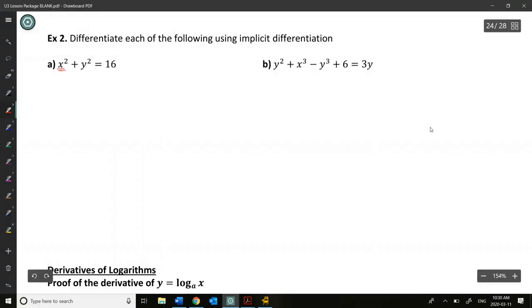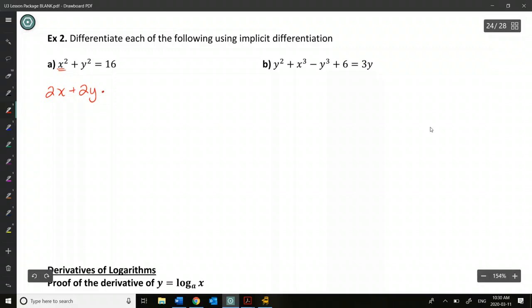So I'm going to find the derivative of x squared as usual. What's the derivative of x squared? It's 2x. And then also we're going to find the derivative of y squared, kind of similar to how we would apply the power rule. I bring down the exponent and subtract 1, so we get 2y.